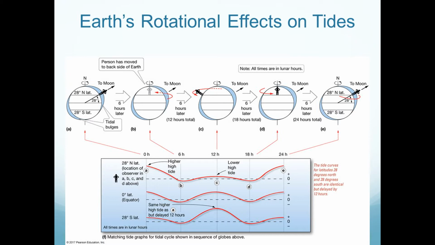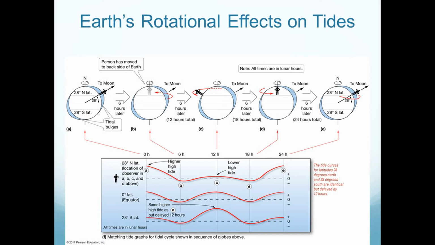So if you look at the graph on the bottom, point A is where the man is standing, and you can see that the tide is higher there. When the man rotates away from that tidal area, you can see that the tide decreases.